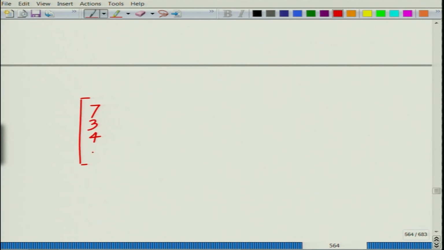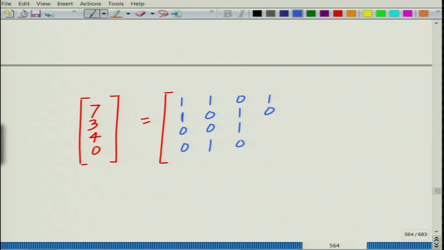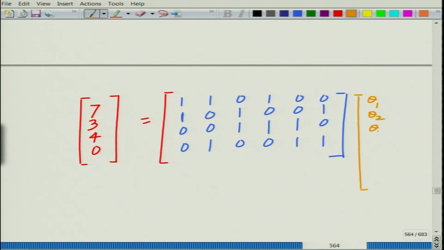We have the vector y bar, which is given by this, and we have the vector, right.